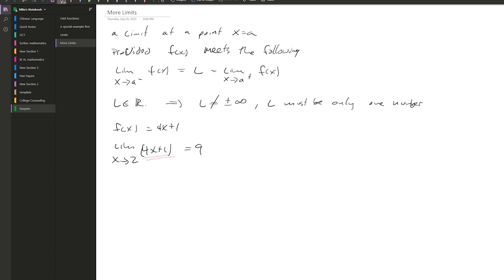Now, on the other hand, I might have g of x be 1 over 4x plus 1, and obviously the limit as x goes to negative 1 over 4 of g of x is more interesting.